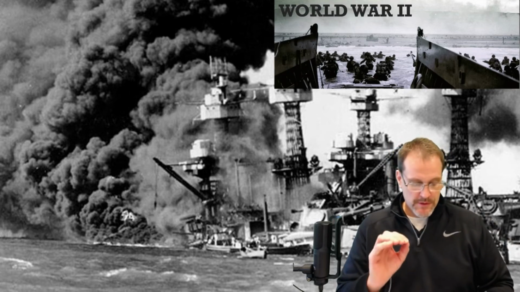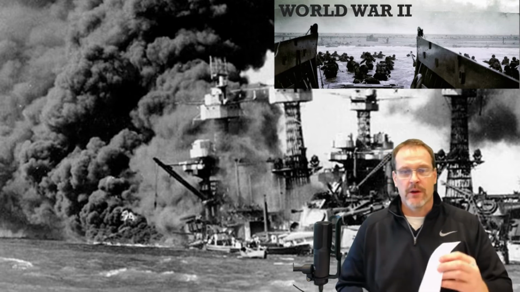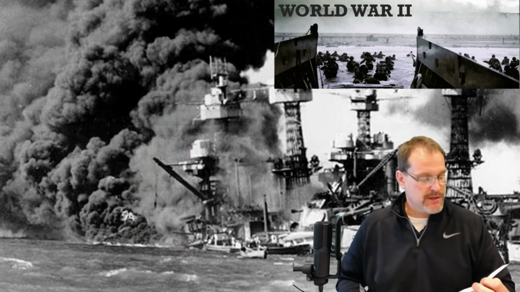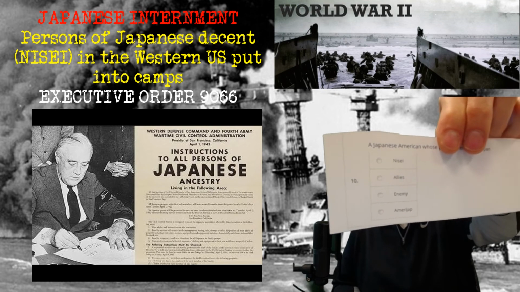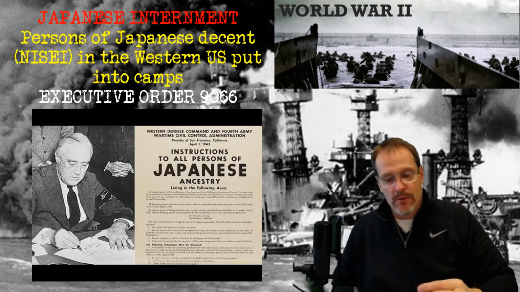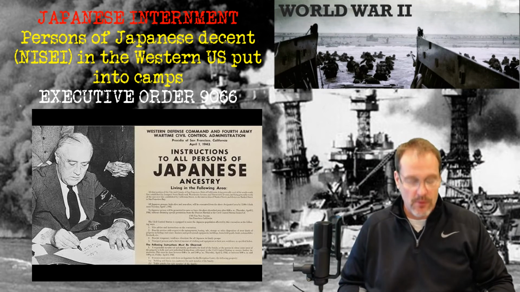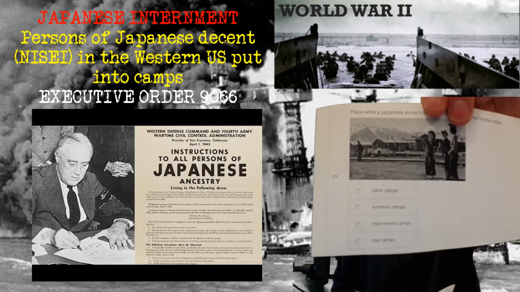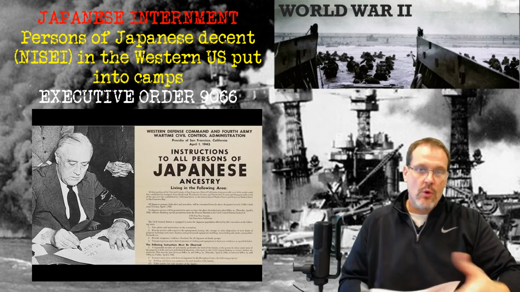Once Pearl Harbor was attacked, there was a fear that went through the United States. I think it was Executive Order 9066 by the President of the United States that imprisoned the Nisei. The Nisei were Japanese Americans, but of course there was this fear of the Japanese that went through America, and many Japanese Americans were put into internment camps temporarily until the war would be over.